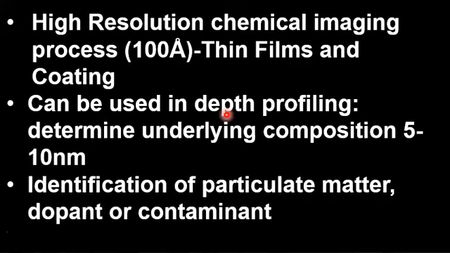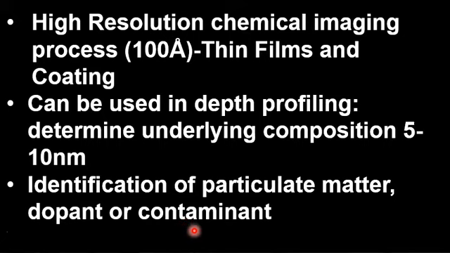Another application of Auger electron spectroscopy is that it identifies if any particulate is present in a material. It determines the presence of a dopant in a single crystal in the semiconductor industry. It also gives us information about contaminants present in the material.